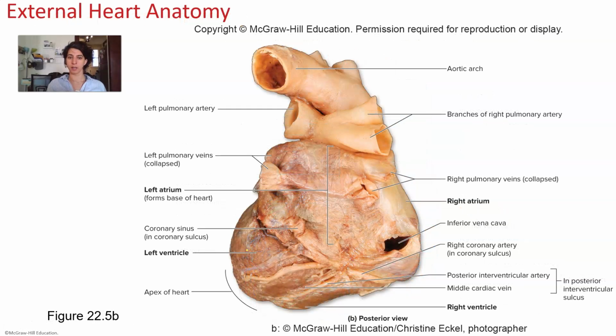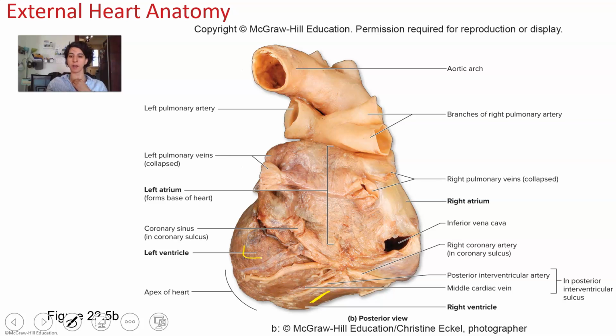If we look at a posterior view in the specimen, again, it is a lot easier to identify certain structures in the heart than it is in other places in the body, right? So you have your right ventricle here separated from the left ventricle by the posterior interventricular sulcus, right?